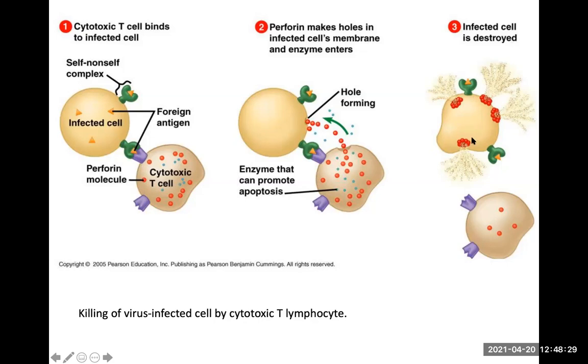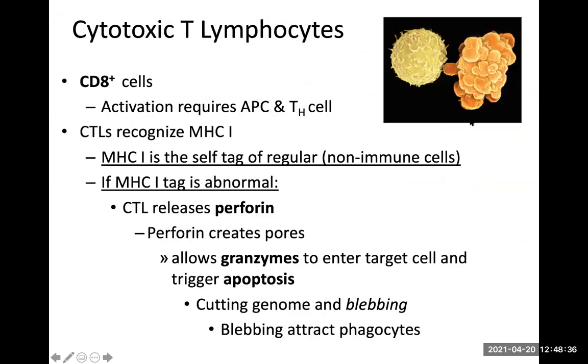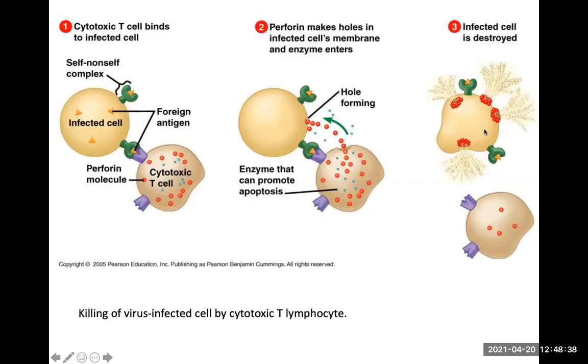The blebbing's not really shown here, maybe the very start of blebbing is shown, but you can draw that yourself. But cutting up the genome, you could write cut up genome and bleb, and that cell is dead, right? You've poked holes in it, you've cut up its genome, it's turned all weirdly shaped, it's dead.